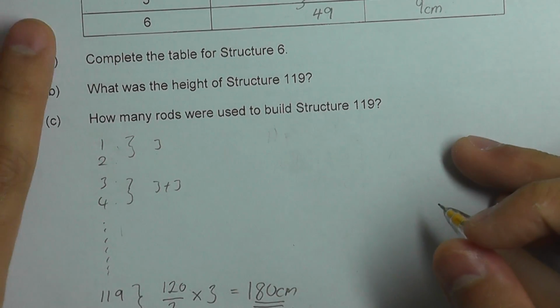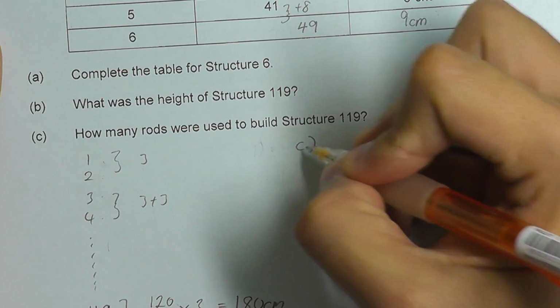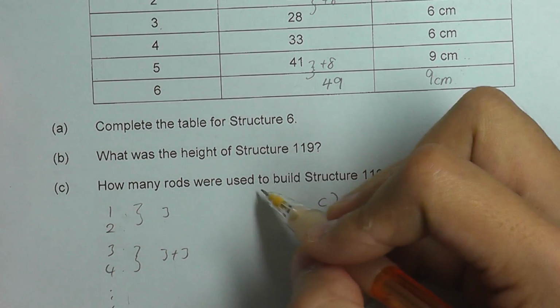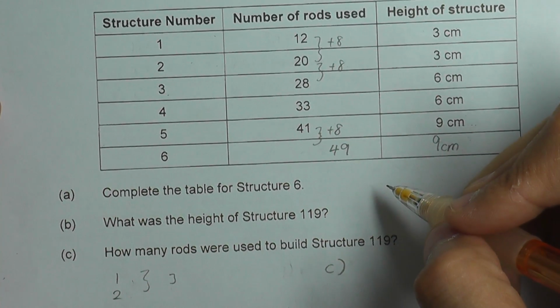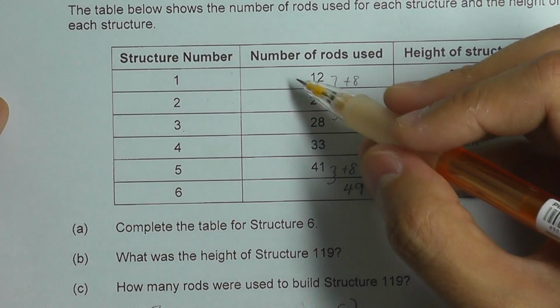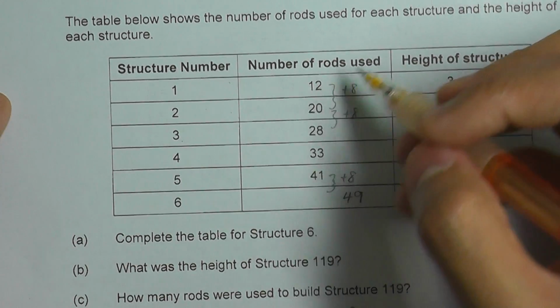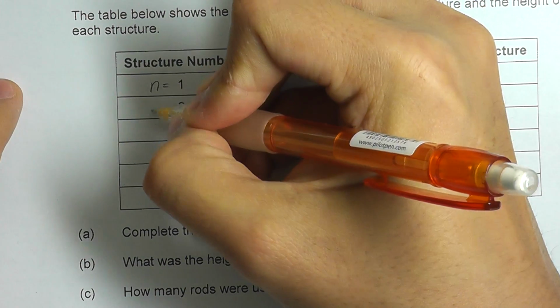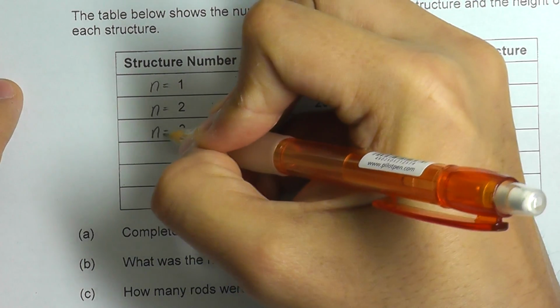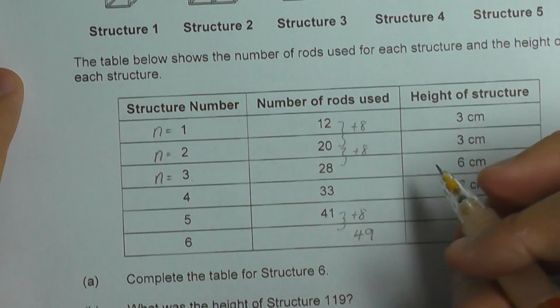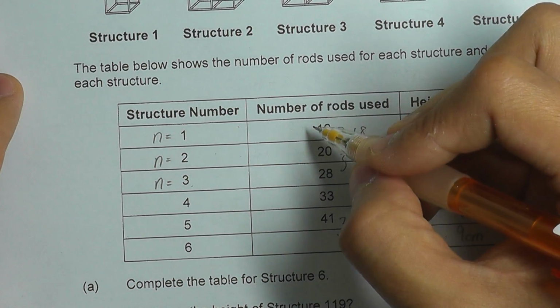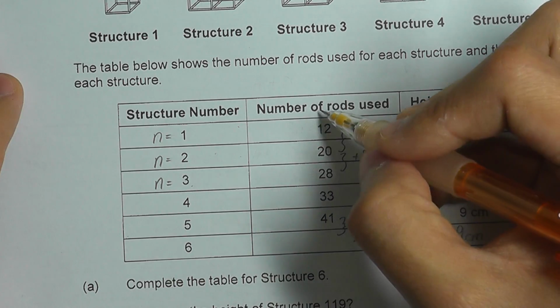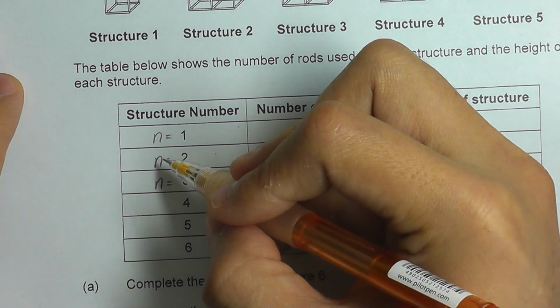Okay, now let's look at part C. To attempt part C, we have to come up with a general formula for the number of rods used. So let the structure number be n. So this is equal to n is equal to 1, n is equal to 2, and n is equal to 3. So we have to form an equation to find the number of rods using n.